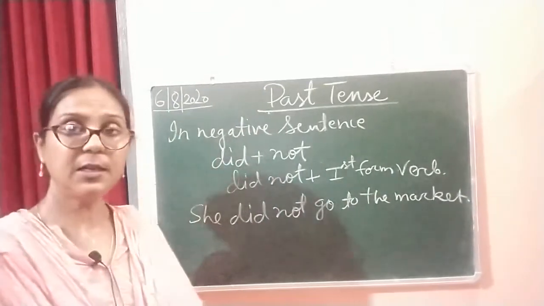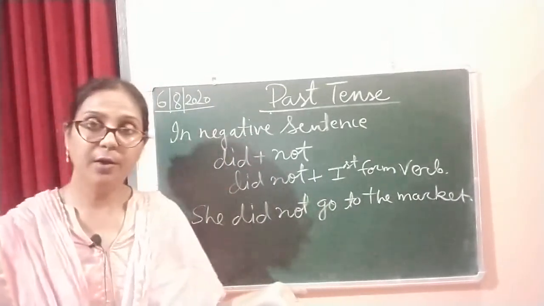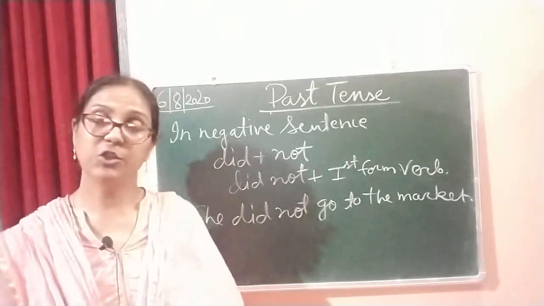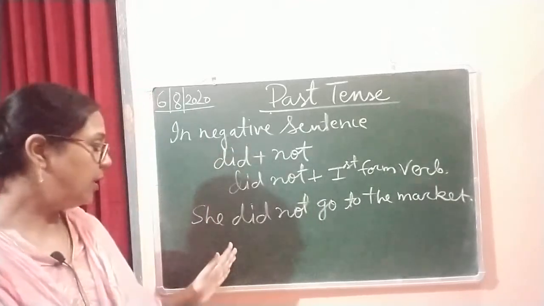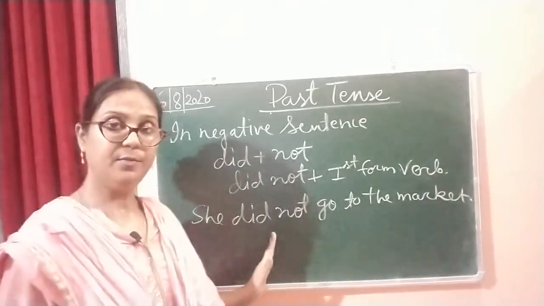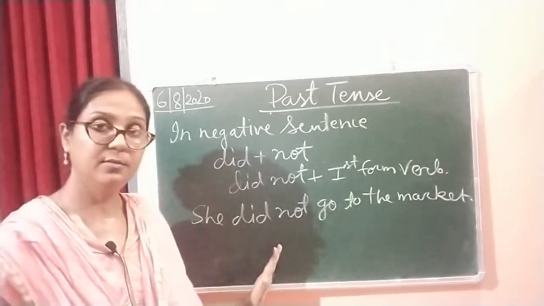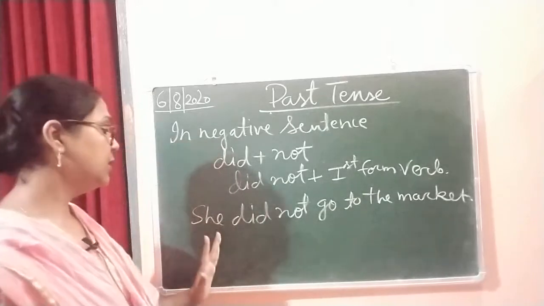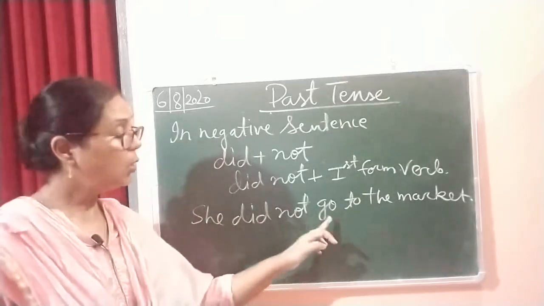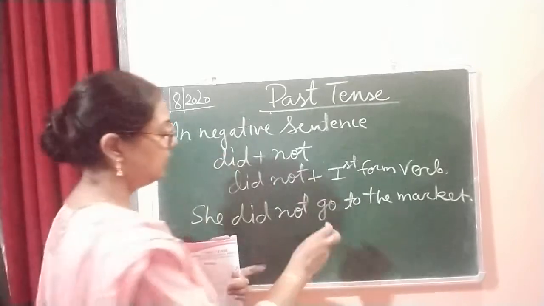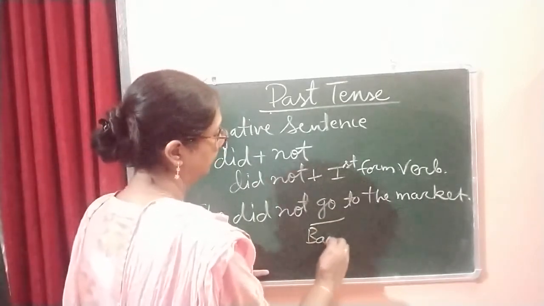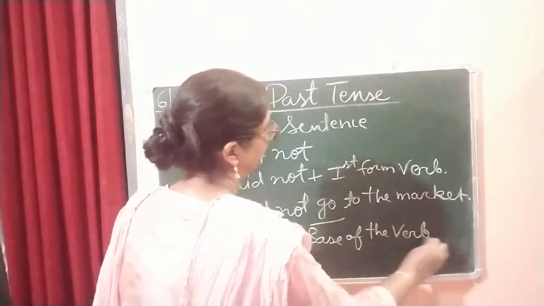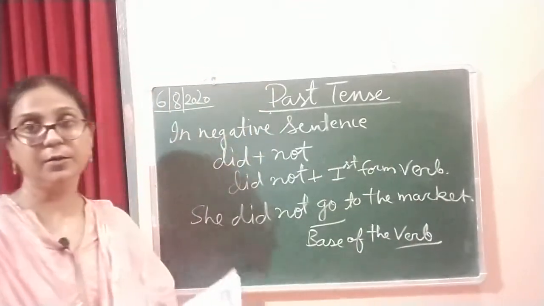In simple past tense, we have already used the second form of the verb. She worked, she danced, she ate. Now, here in negative sentences of past tense, we are going to use she did not go. Here you can see the base form of the verb. We are not using the second form of the verb.